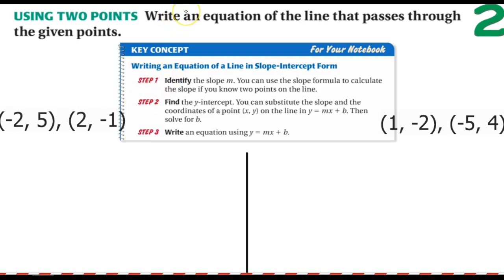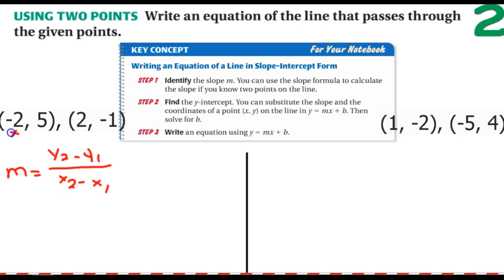Alright, now we're given 2 points. So the first thing we have to do is find the slope. So we can use our slope formula, which is m equals y2 minus y1 over x2 minus x1.